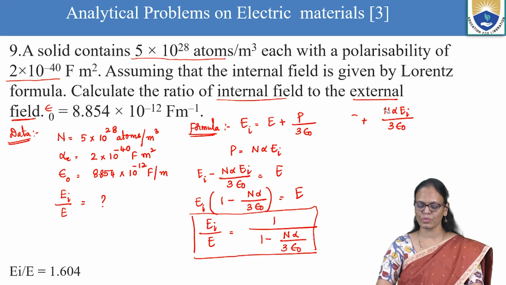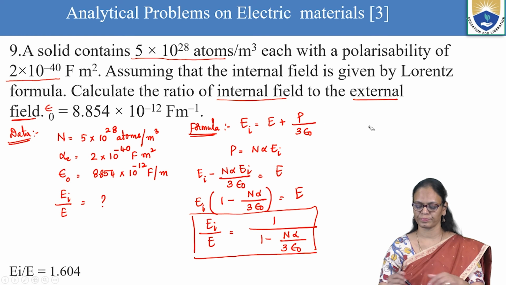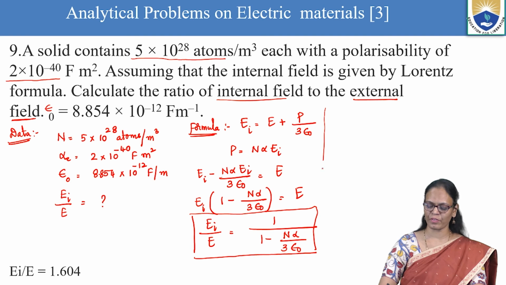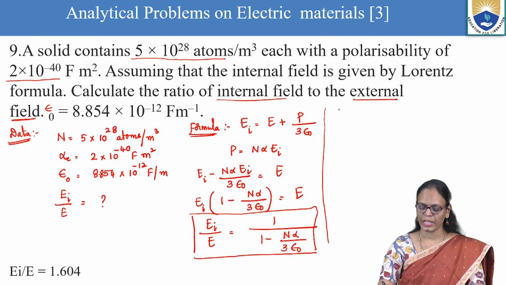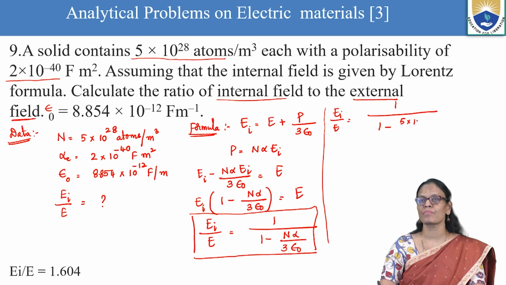So now let us do the substitution here. So what we get for EI upon E is 1 upon 1 minus N. N is how much? 5 into 10 power 28 into alpha is 2 into 10 power minus 40 by 3 epsilon naught, 8.85 into 10 power minus 12.